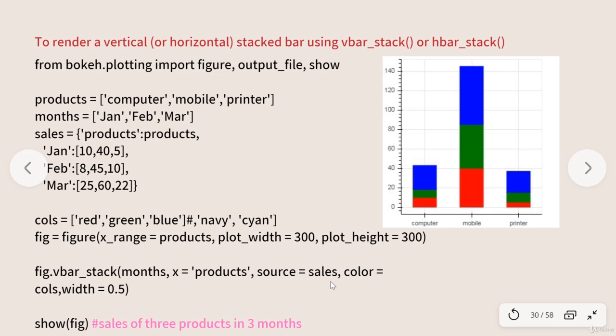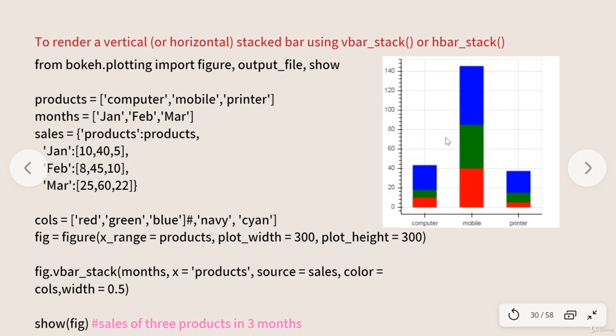You can stack the bars as well. There's an additional function which Bokeh provides for stacking bars. It can be in the vertical form and also in the horizontal form. If you are to use a vertical form, then you have to use vbar_stack. If it is in horizontal form, then you have to use hbar_stack. If you see the diagram here, the bars have been stacked above each other.